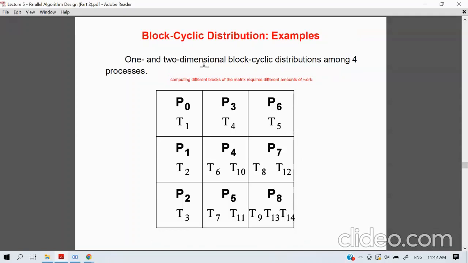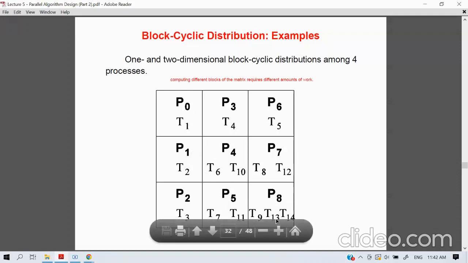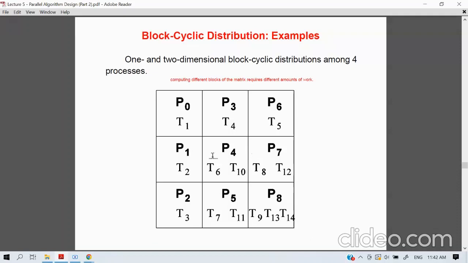Okay, this is 1 and 2 dimension of block cyclic distribution among 4 processes. So this process P0 until P8 ni, okay, each of these processes consists of different tasks. Ada yang 1, 2, ada yang 3. So they have a different amount of work.